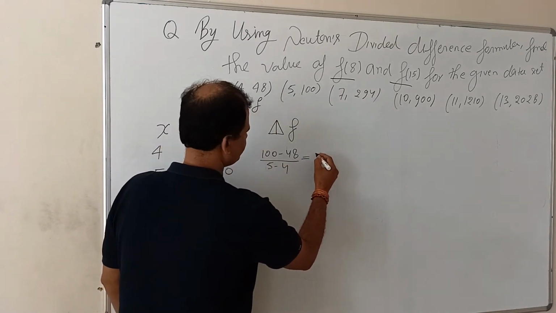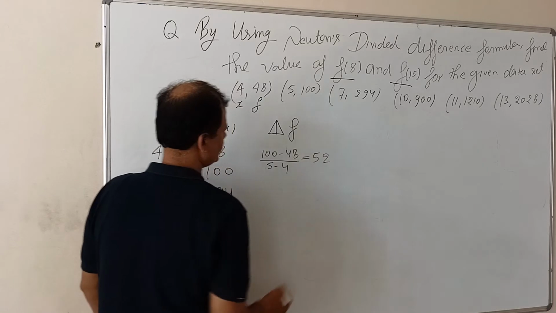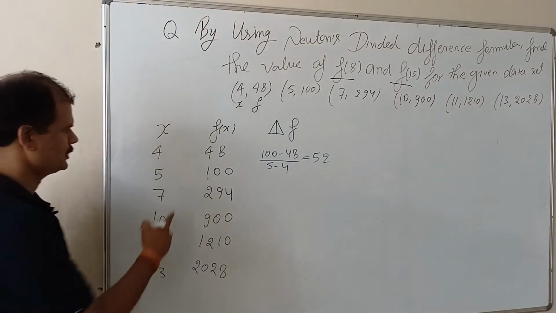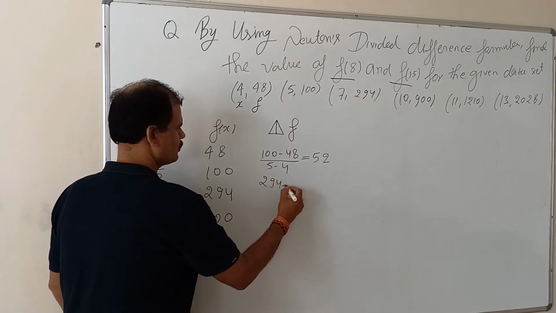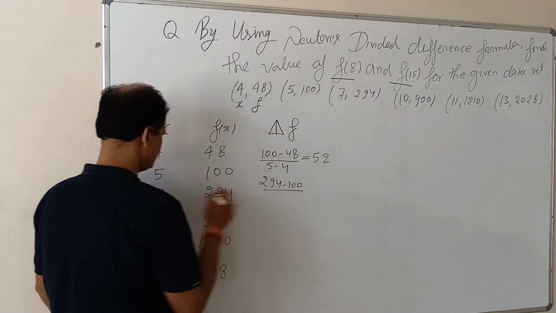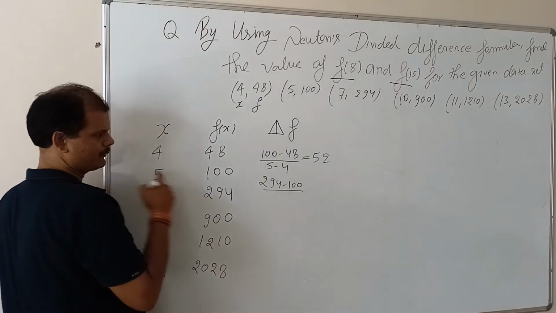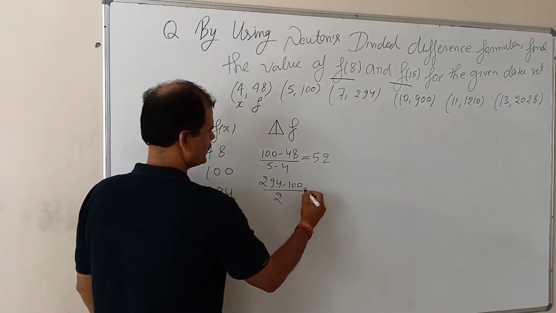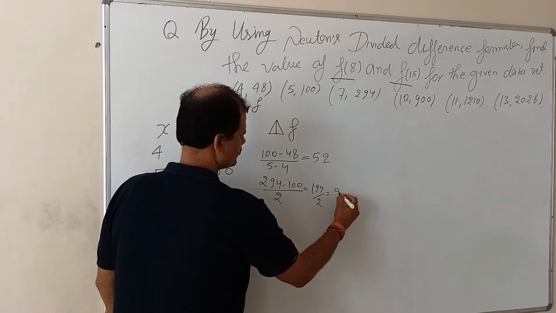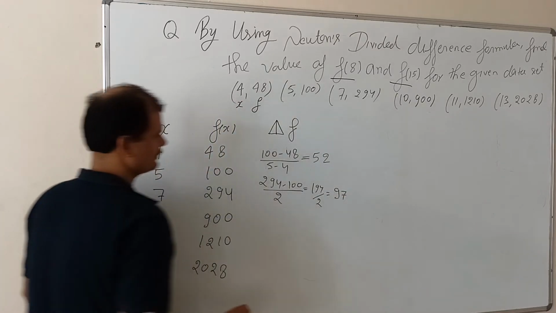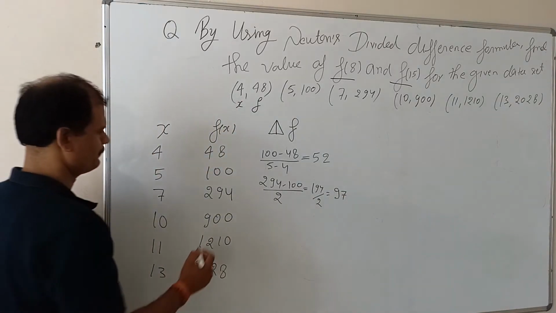So we get 52 here, right? Next, 294 minus 100 divided by 7 minus 5, 2. So we get 194 by 2, so we get 97.